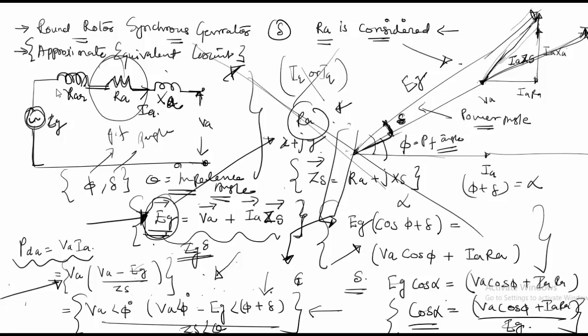If this is your x axis and this is your y axis, then your EG can be found out as x plus jy, and your tan inverse of y by x will give you your delta in that case. So that's the other way to find your delta, or you can use either of these three ways to find your delta.